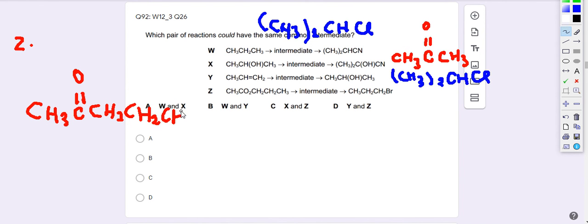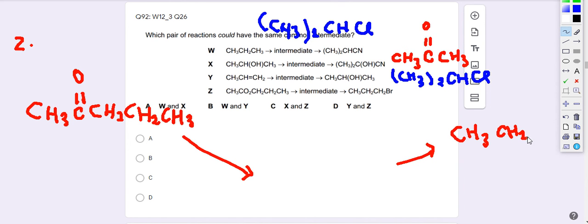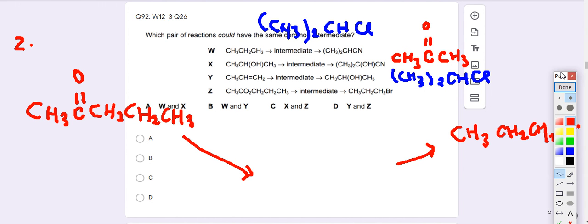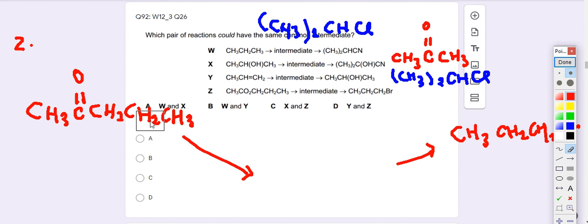Then that intermediate is converted into a halogenoalkane. Oh, I'm so sorry. It should be an ester. Sorry, my mistake. It should be an ester.